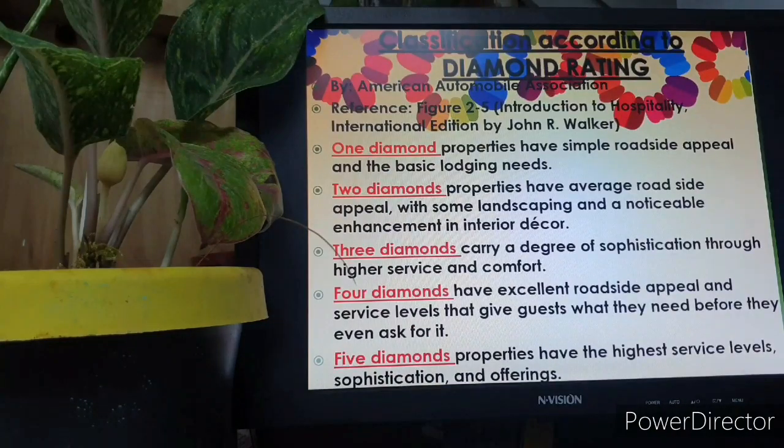Next in line, classification according to diamond rating. Maybe you are confused about the diamond rating and the star rating.